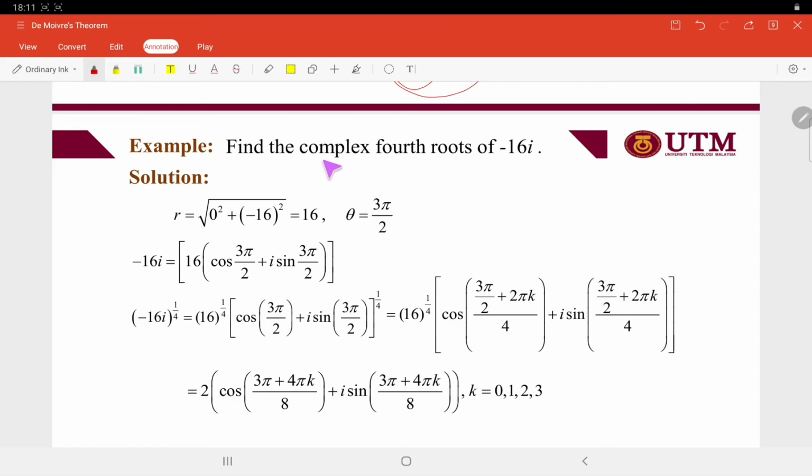So the question is to find the complex fourth roots. So meaning that the fourth roots will be 1 over 4 of negative 16i.